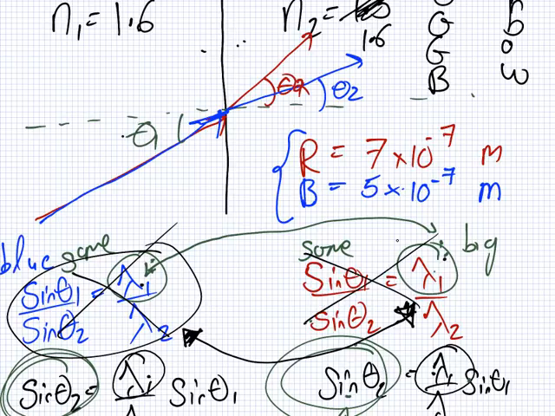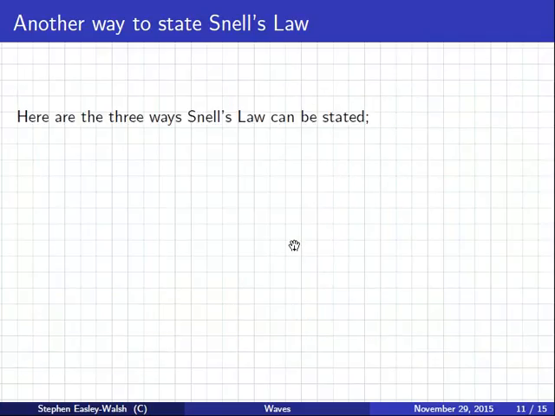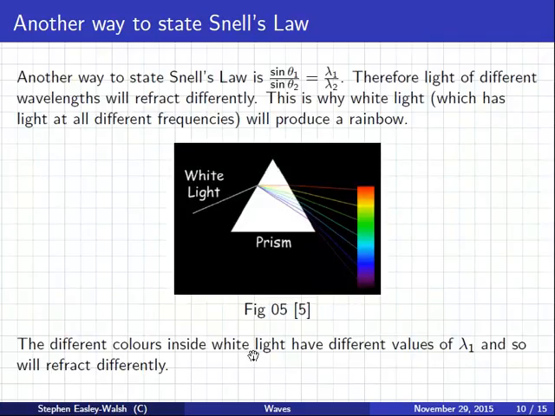The only formula on the course is the previous one. But I wanted to show you this one to give you an explanation for why the light spreads out in the prism. But it's not something you need for the exam. The different colours inside will have different lambda 1s, so they will refract differently.